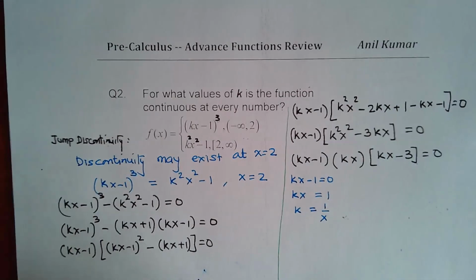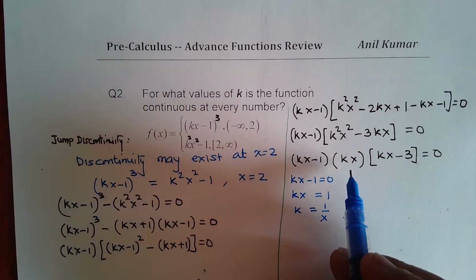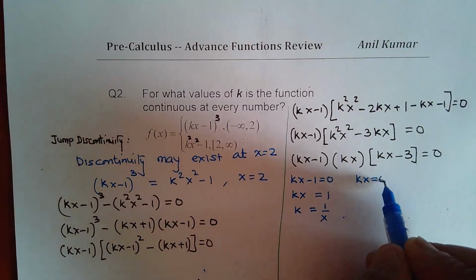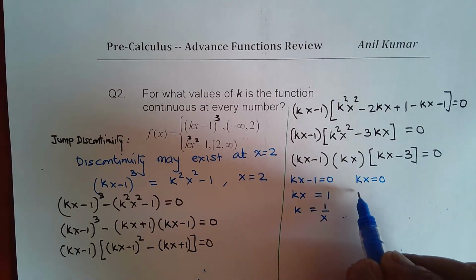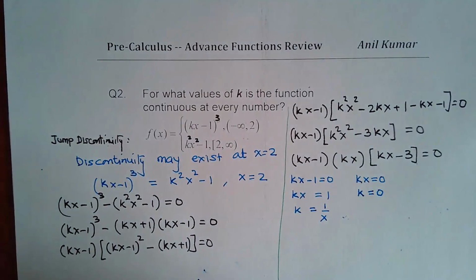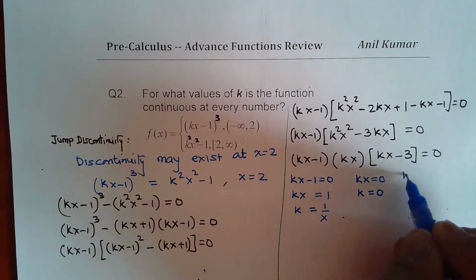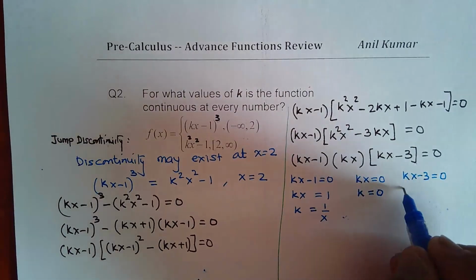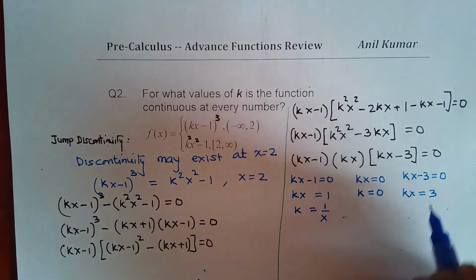Right? For the second, we have kx equals to 0, or k is equal to 0. Perfect. And for the third, we have kx minus 3 equals to 0, or kx equals to 3, or k is equal to 3 over x.